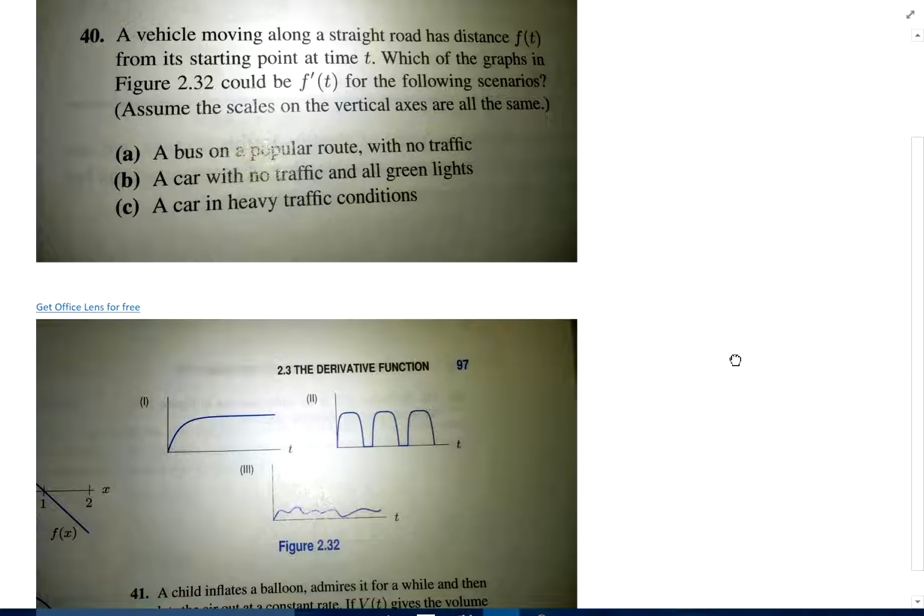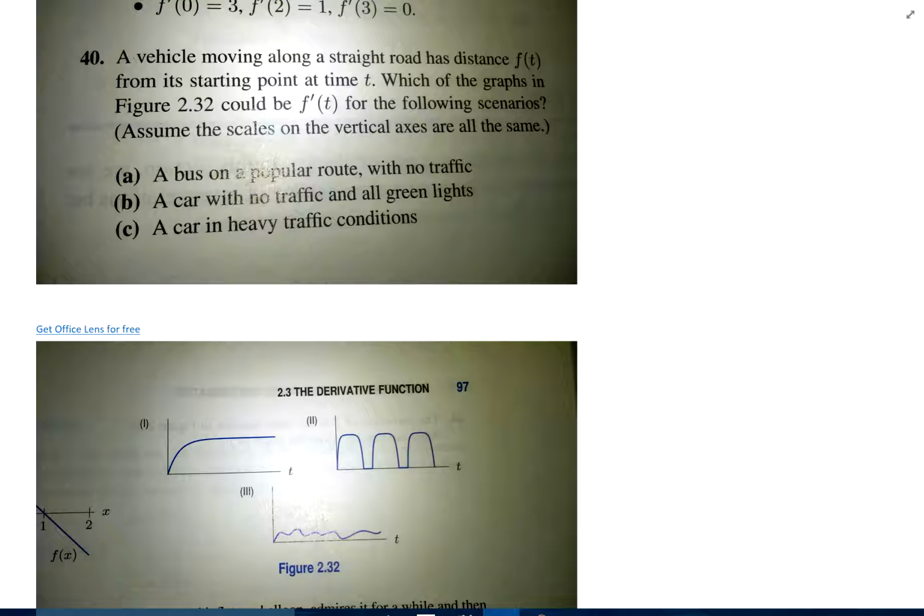Okay, these are great questions. A vehicle moving on a straight road has a distance f of t from its starting point. So suppose this is a starting point, and you've got this vehicle, and it's just going to go driving down the road. There's forward, there's backwards, right? Which of the graphs could f prime be for the following scenarios?